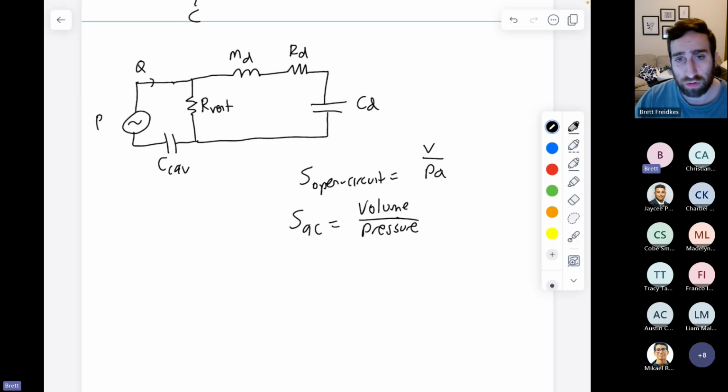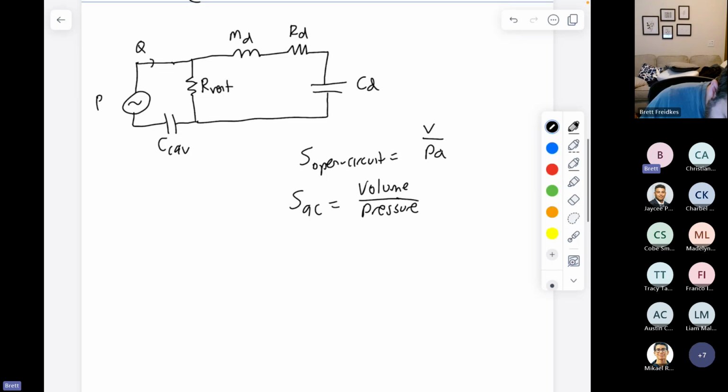And since our circuit doesn't have volume in it, at least currently, what we do is we find the volume velocity, and we were going to integrate that. And what we did last time is that we assumed it was harmonic.